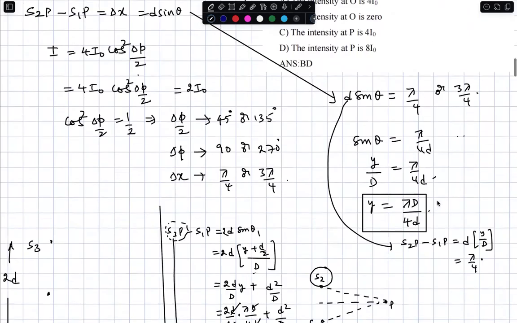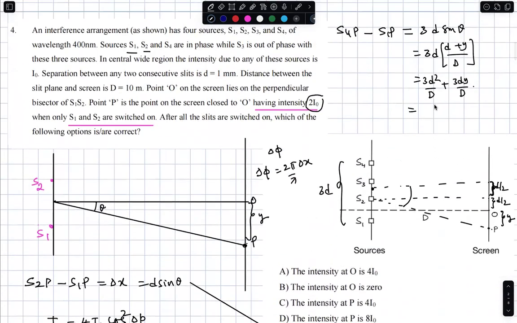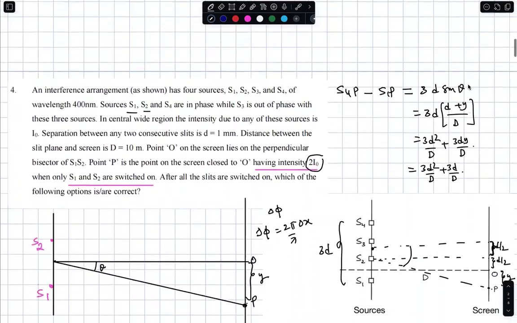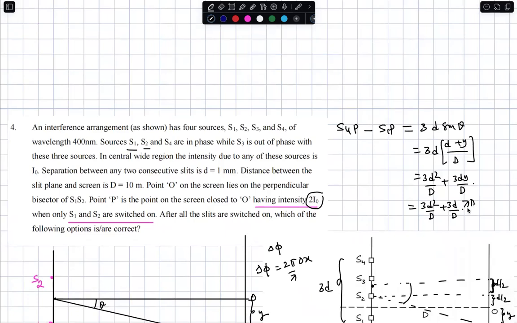That we will substitute here: 3d square by capital D plus 3d by capital D times y. Y means lambda capital D by 4d. The d's cancel.